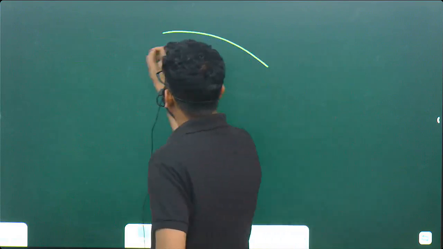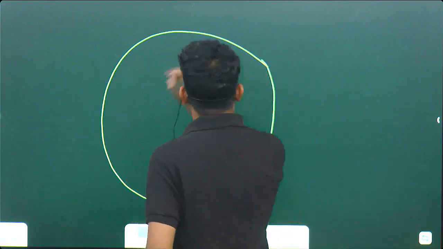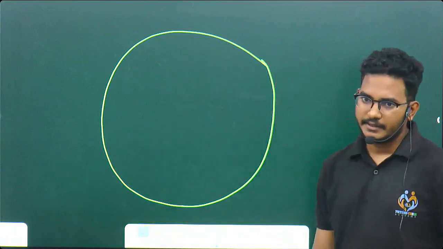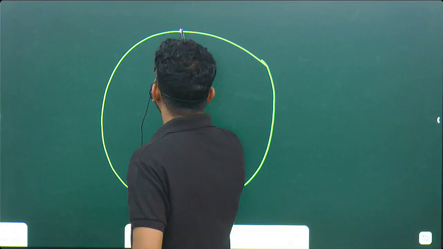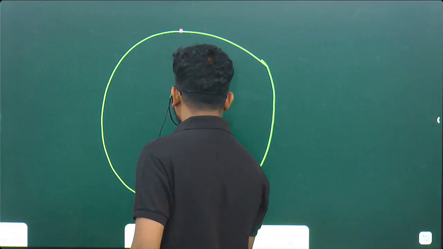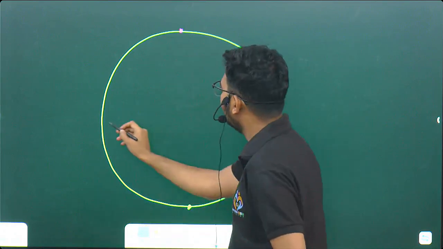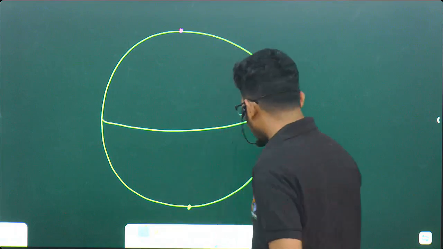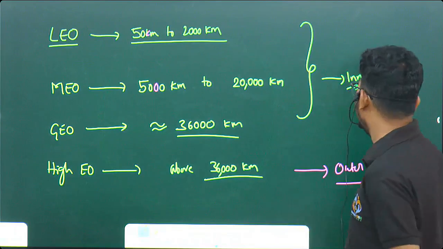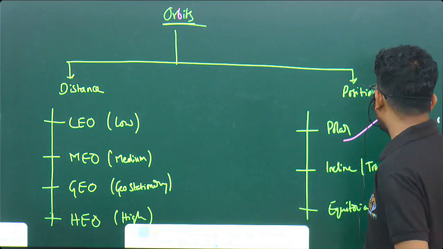Let me explain this. This is Earth. In the Earth, we have poles and we have the equator. Now see the names: polar, equatorial, inclined.